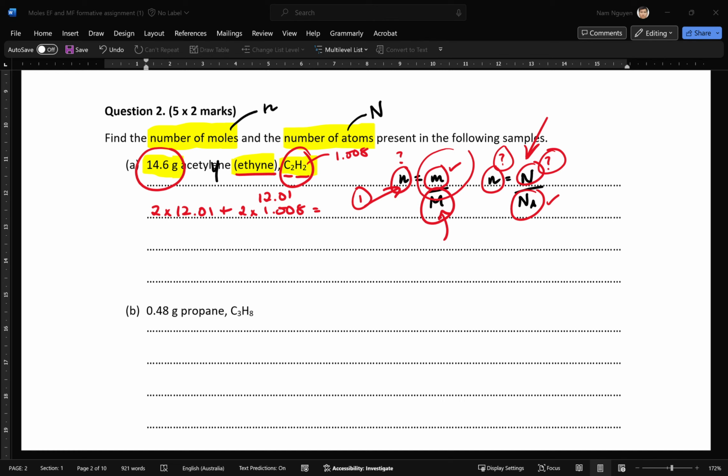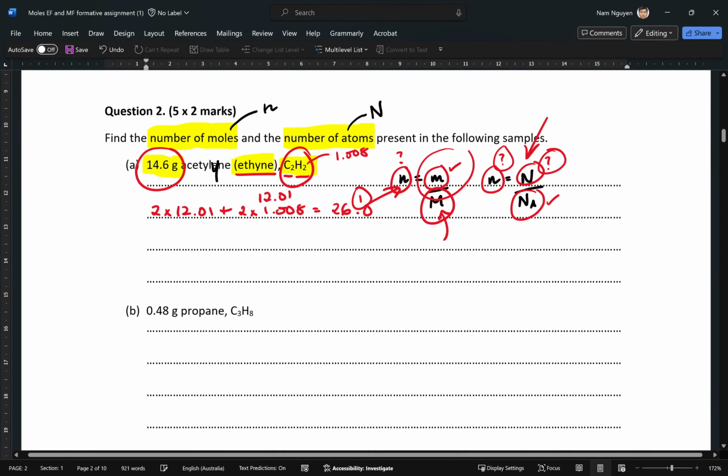Okay, there you go. 26.036. Yep, cool. 26.036 grams per mole.